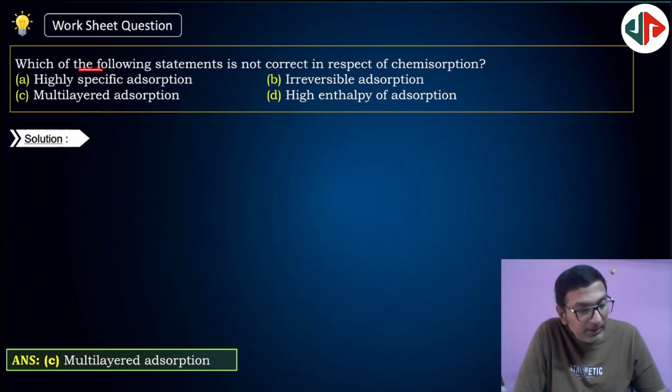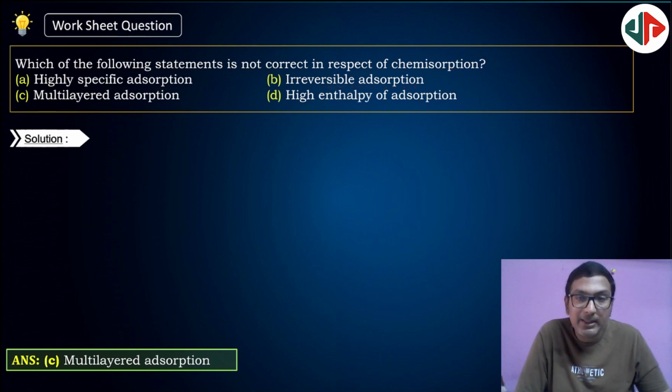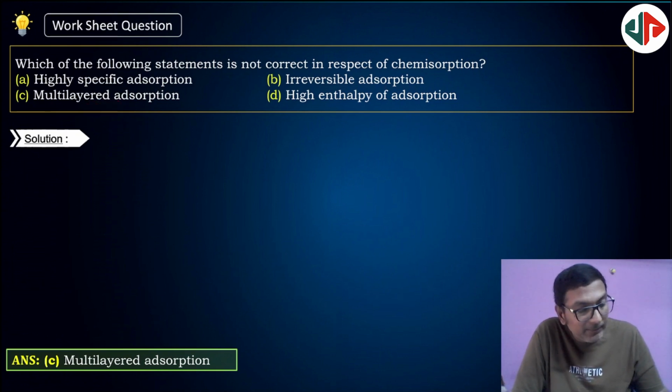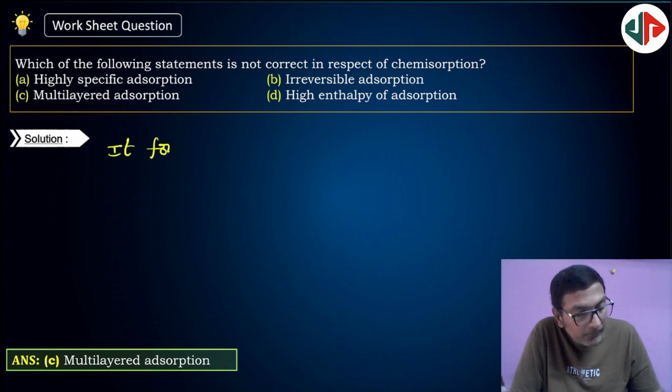Next. Which of the following statements is not correct about chemisorption? It is highly specific. That is correct. Irreversible. That is also correct due to bond formation between adsorbate and adsorbent. Next, multi-layer. That is wrong. It forms unilayer or monolayer.